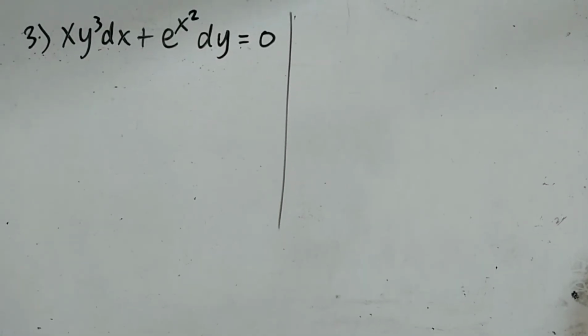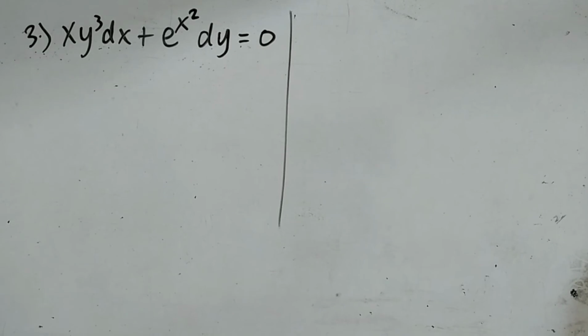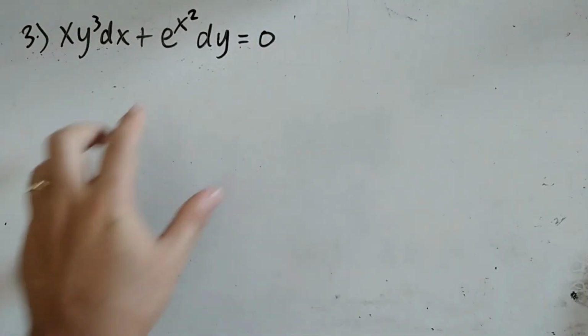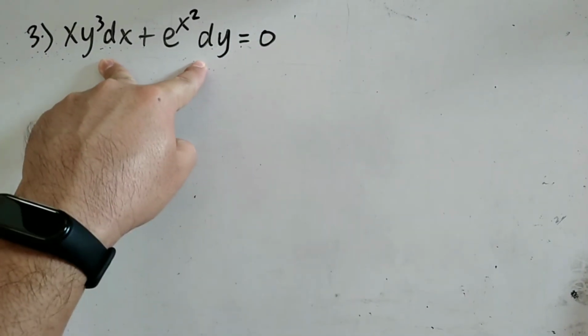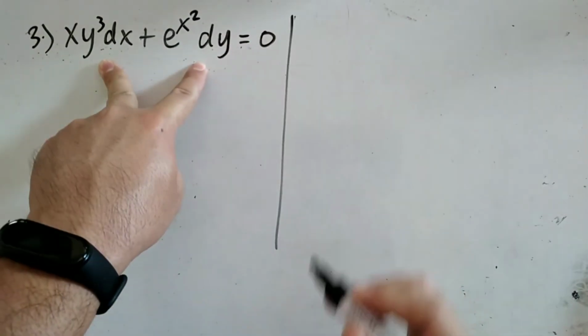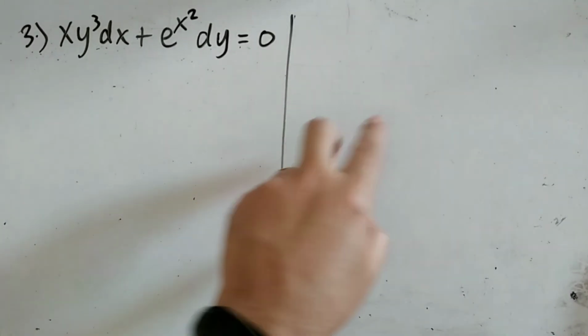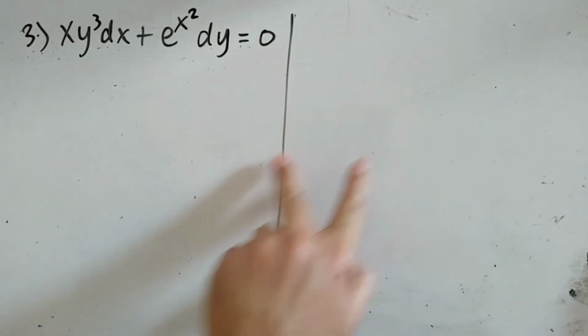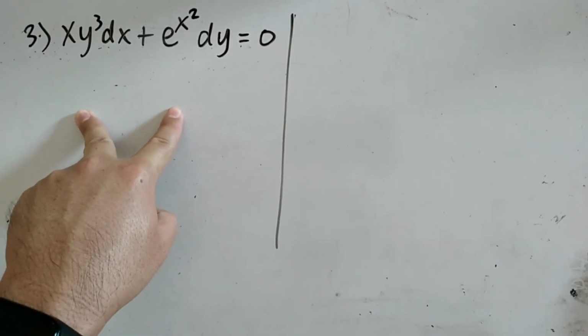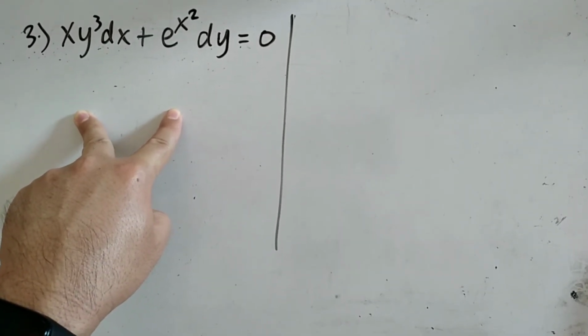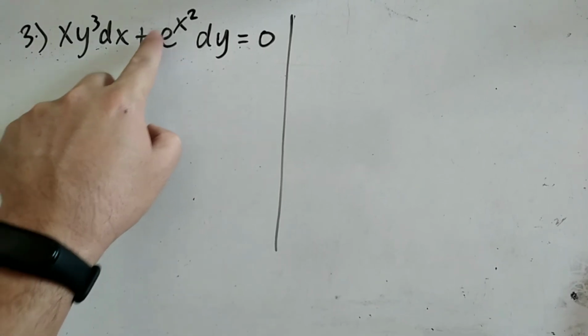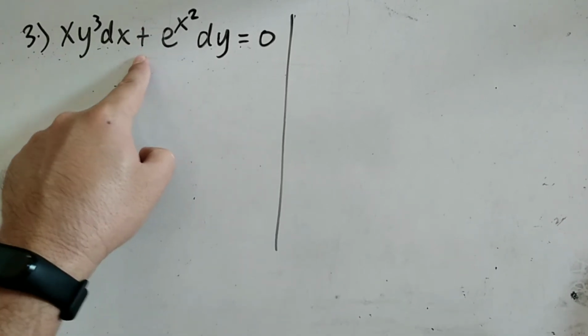Our third differential equation is xy cubed dx plus e to the x squared dy equals 0. As I've said before, we can simply separate the variables here, or we can transpose one term to the other side, in which case the sign is still the same.